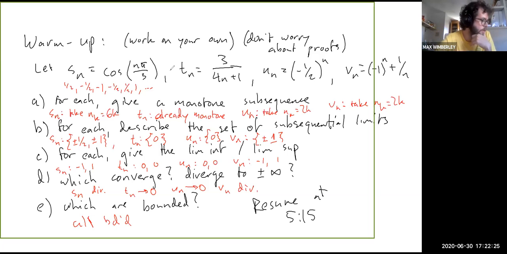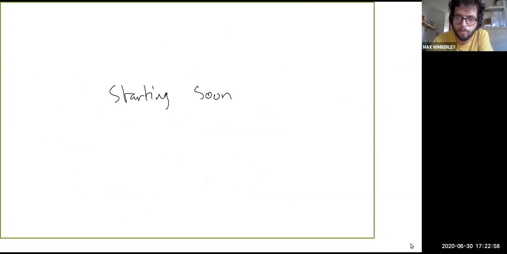So for the next problem, I was weighing a couple different possibilities, but I think I'm going to go with this one that I just made up. Here's an exercise.